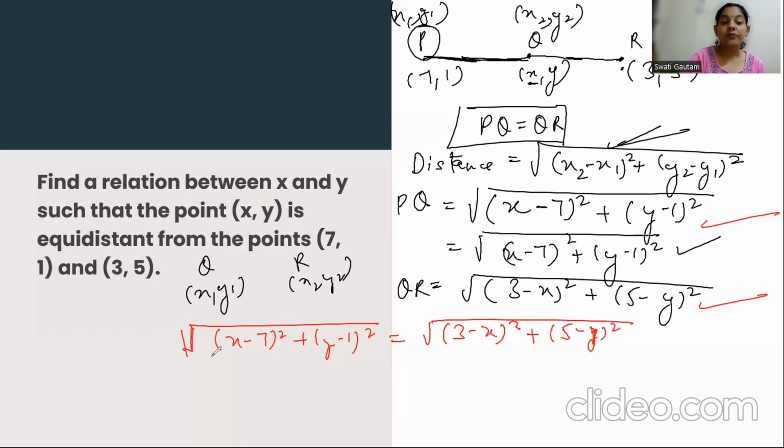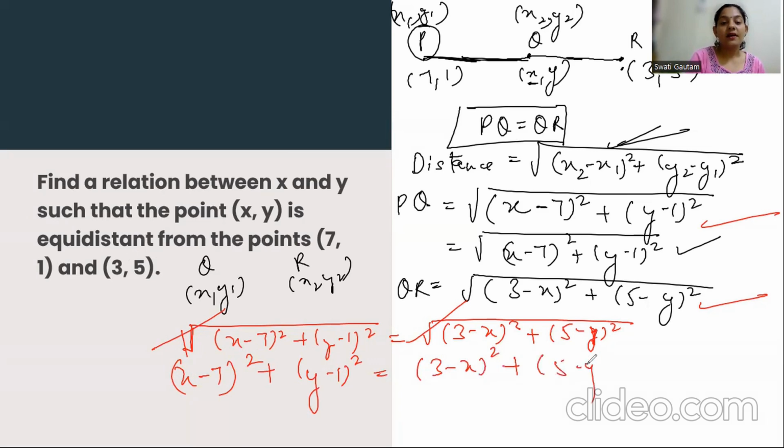Now on the left-hand side the whole value is under the root, and on the right-hand side also. So the root will cancel with the root, and what is left is (x minus 7) whole square plus (y minus 1) whole square equal to (3 minus x) whole square plus (5 minus y) whole square.